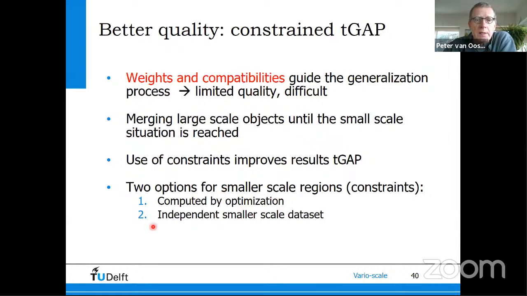Either it could be an independent, smaller scale data set made by a human. You could say that's a kind of cheating because then you know the generalized target. And the T-gap makes the little steps from the base map to the smaller scale data set and makes better decisions.